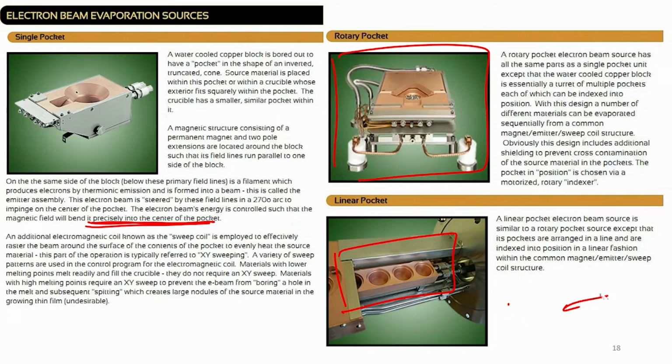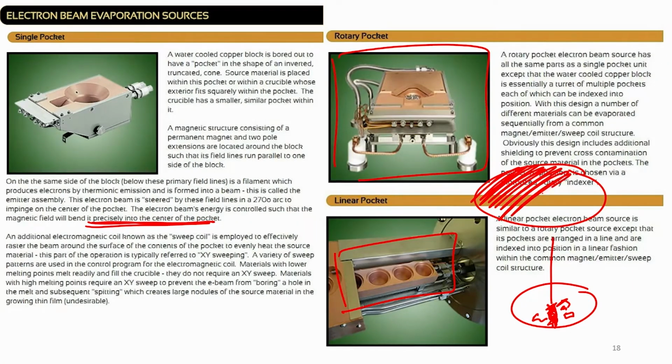Let me reiterate: when you have a source and a single spot of E beam rather than raster scanning, this will start melting the source, and because the melting point is so high, a chunk of this material will also melt, and on the substrate, instead of a cool uniform thin film, we will get a substrate with some chunks in between.